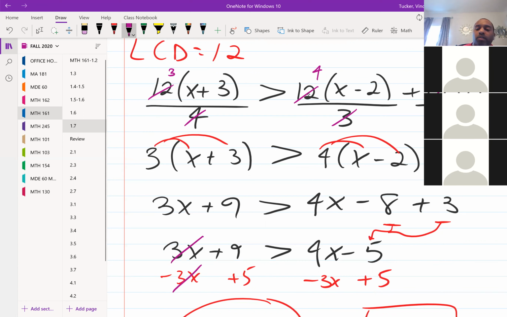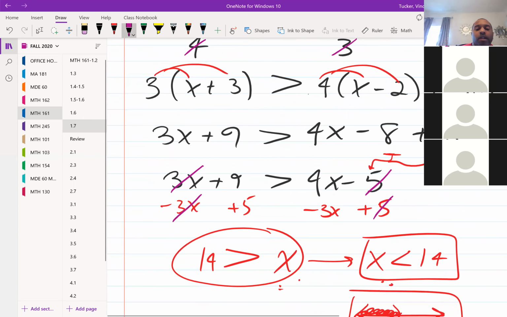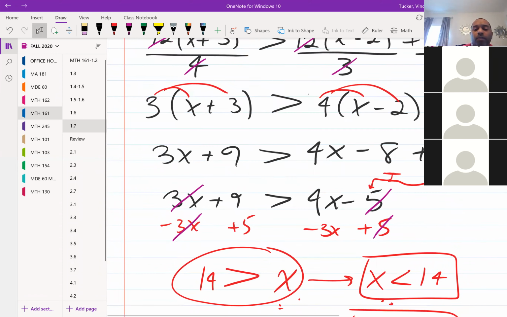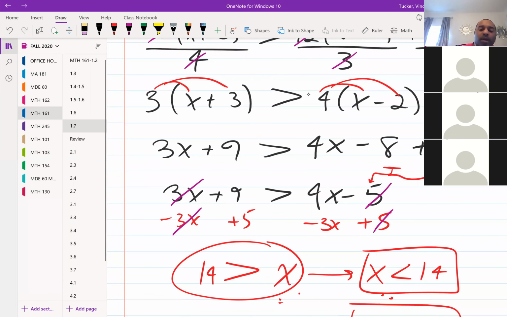So the 3x's cancel here, the 5's cancel on the right, and that will leave me with 14 is greater than x. I'm sure my math lab wants your variable on the left side, so this would be the answer that you would put in. If you have to rotate, just make sure you flip everything properly. If the mouth of your symbol is open towards the 14, then it should still be open towards the 14 down here.